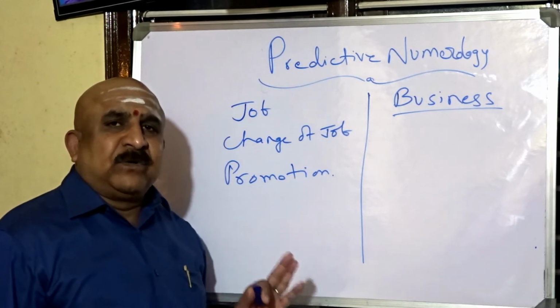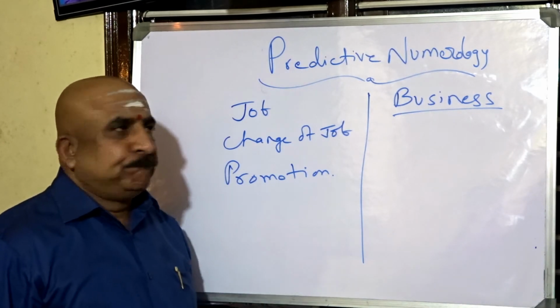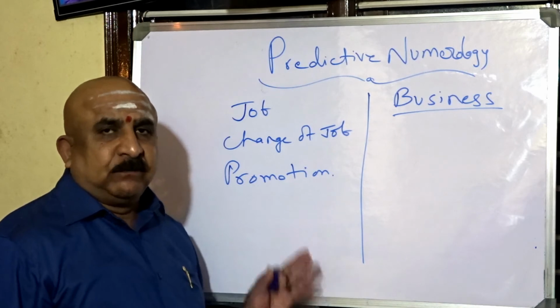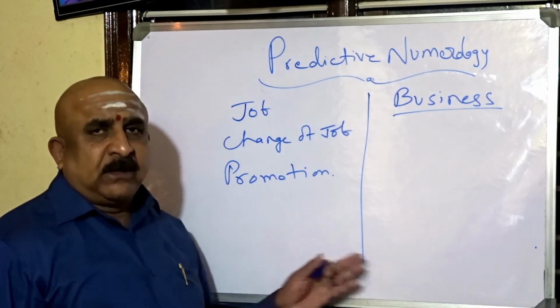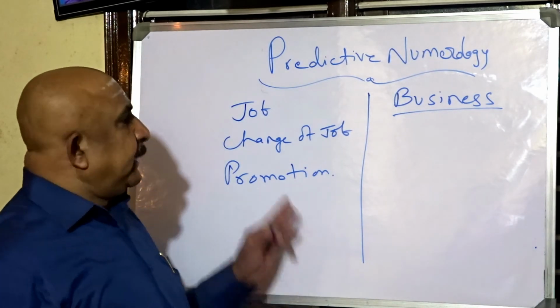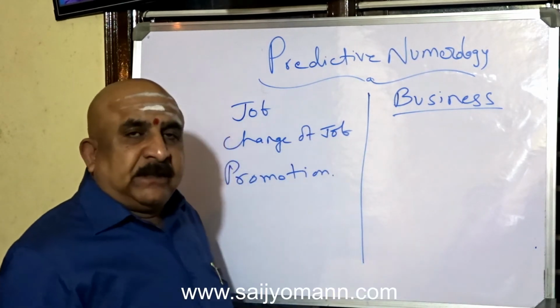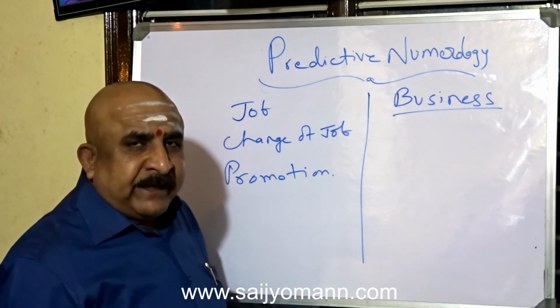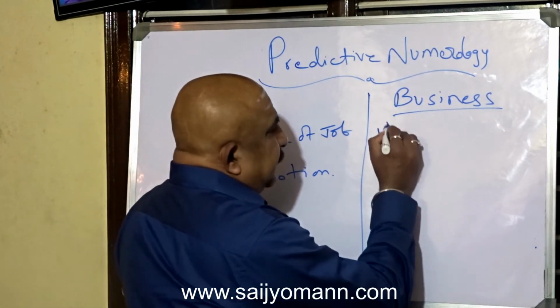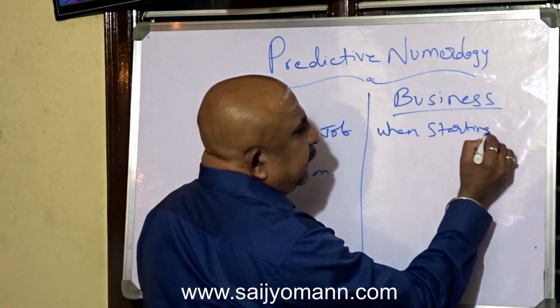These are the general questions any human being will have in his mind. And about business, either the profession, the job or the business, only two things are there for a livelihood. We are taking two things only today. Business: when he will start his business.